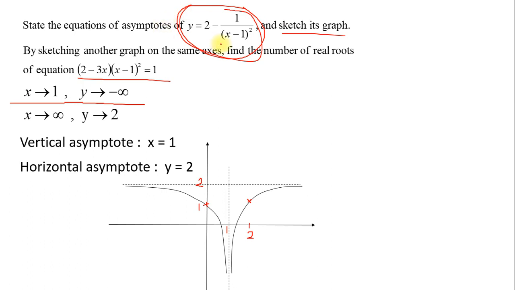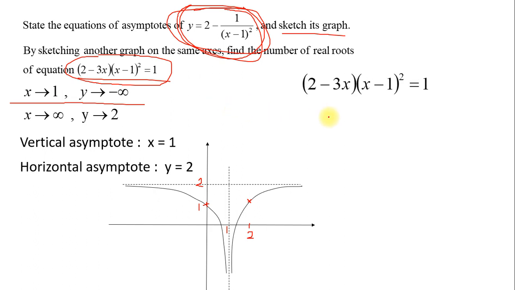So to use back this graph, you must change this equation into this form. Change it to match this one on one side. So what should we do? Now if you look at this equation, I can bring this part over here, so you will get this.